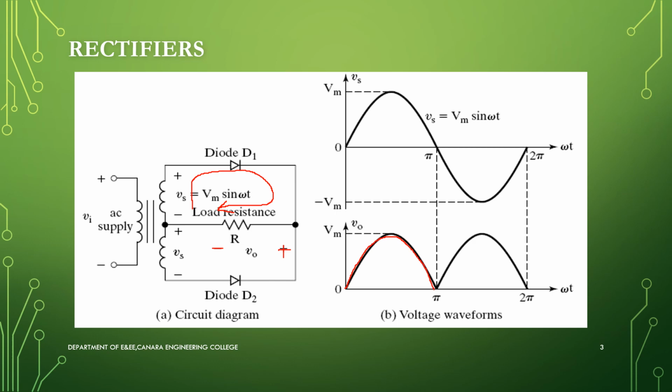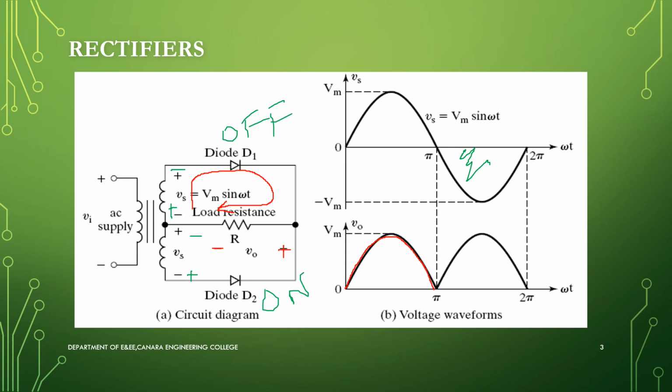So what will happen during the negative half cycle? During this negative half cycle, the voltage is negative, right? Then this is plus, this is minus, this is plus, this is minus. So what will happen is, this diode D1 is off, whereas diode D2 is on.